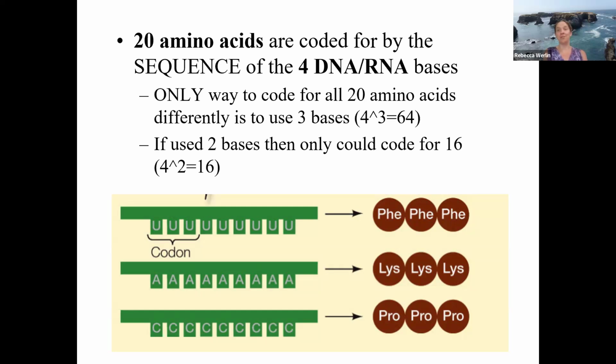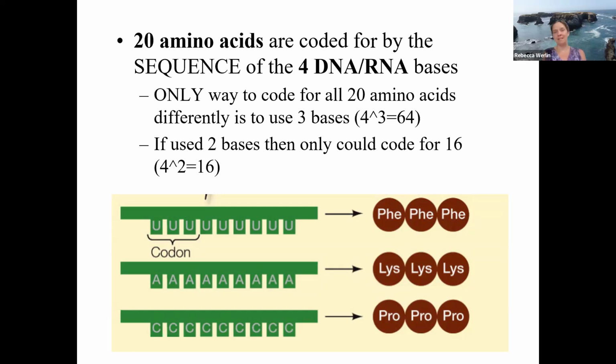Now, there are 4 potential bases, right? In RNA, uracil, adenine, cytosine, guanine. 4 potential bases in 3 slots. So you have 4 possible nucleic acids at 3 positions, gives us 64 codons.